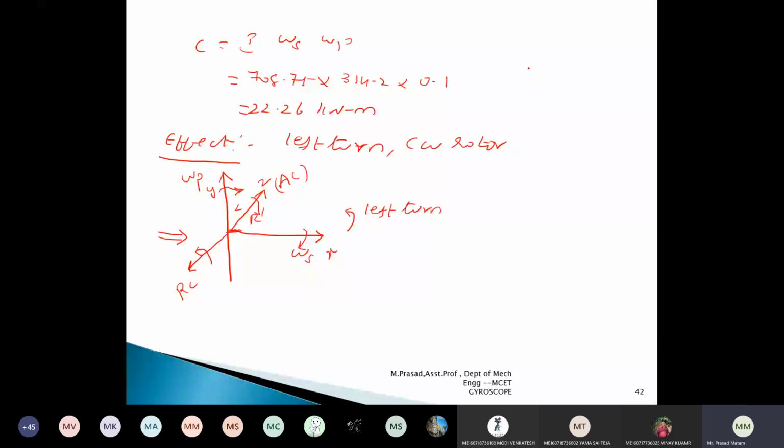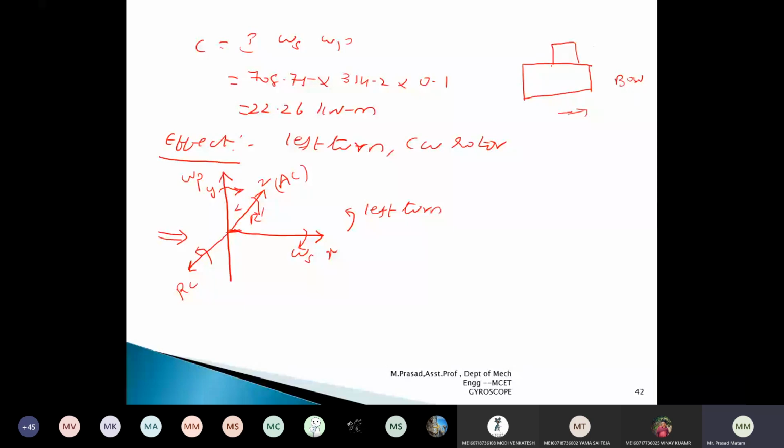So for this, I just want to show a simple ship diagram. When I am seeing from the back end, it is moving in this direction forward. The front end of the ship we call the bow.